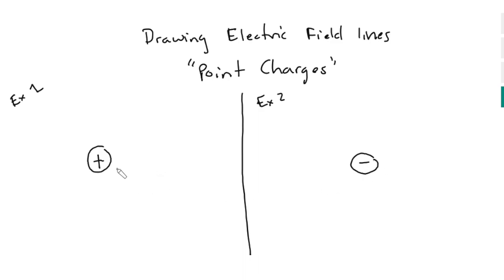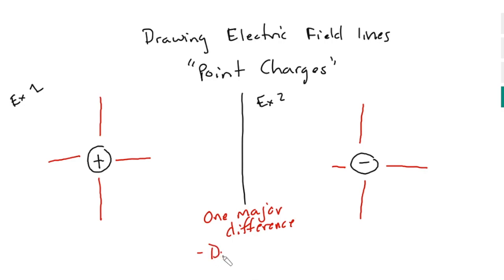So this is one positive charge, and over here is another point charge. Now, around this, just like on Earth, we are going to see electric field lines. And they will be the same around each. But there is one major difference, and that is the direction of the field.